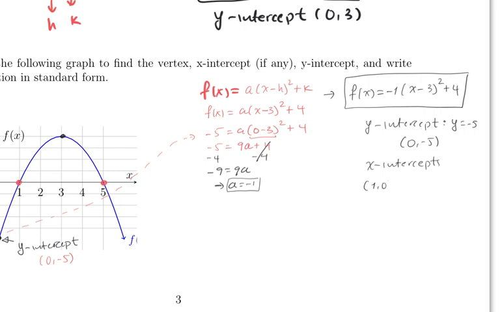It's 1, 0, and 5, 0. Or you can say x equals to 1 and x equals to 5. But some people write 1, 5. This is wrong, okay? It's x equals to 1 or x equals to 5 or 1, 0, and 5, 0. All right, any questions on that?